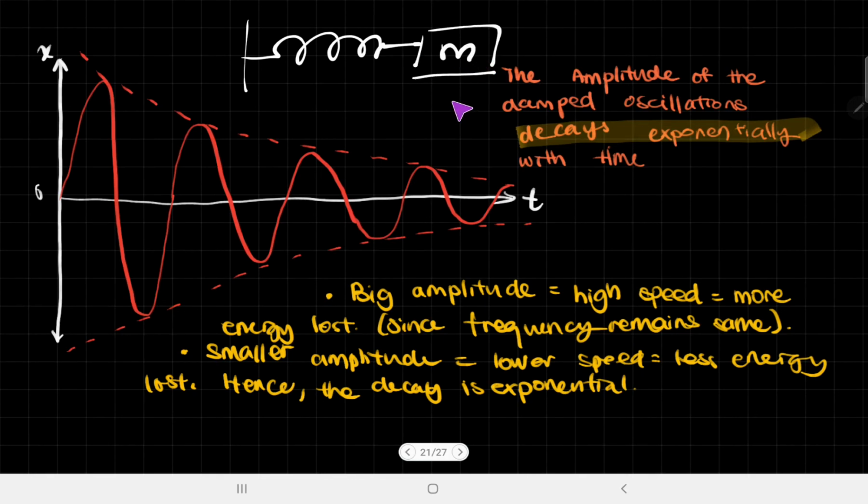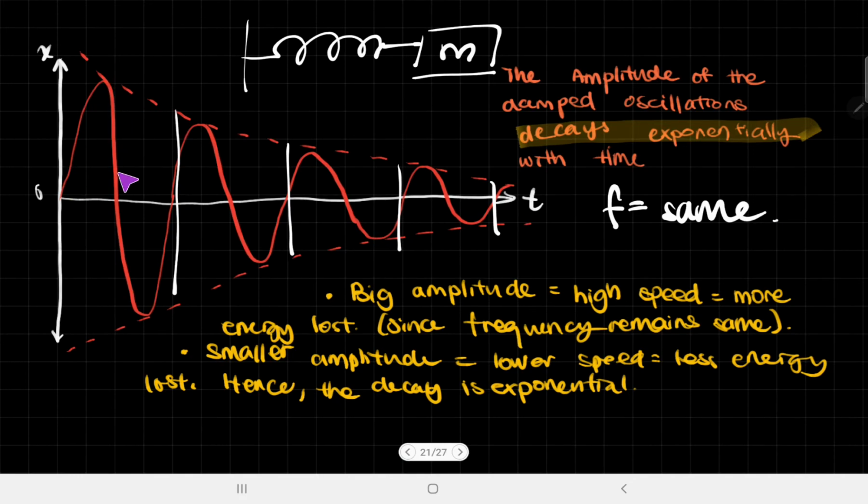Initially, it's going to oscillate at a very high amplitude. And we want to first make an observation, which is that the frequency doesn't actually change. You can see the width is the same. It's just the height that is becoming smaller. So the frequency stays the same.